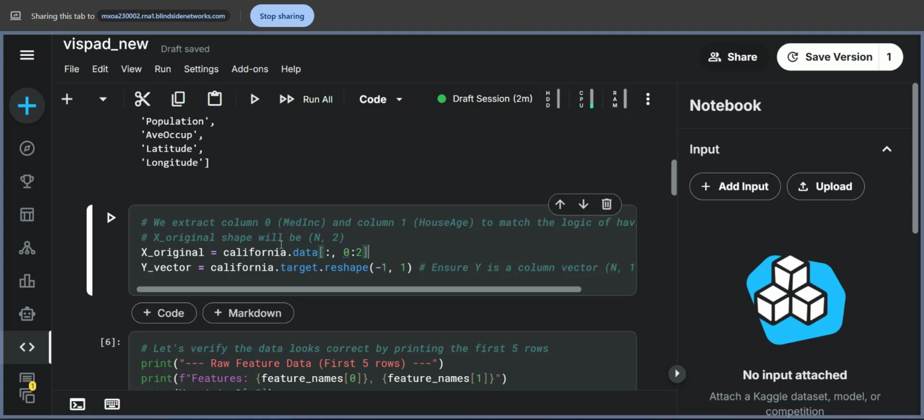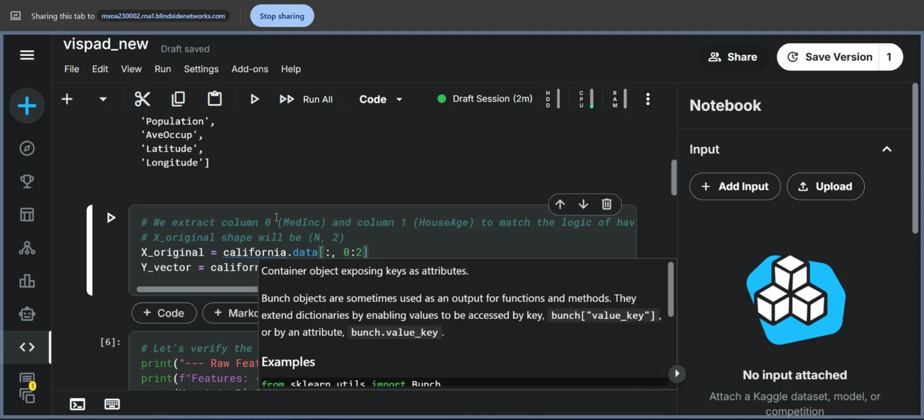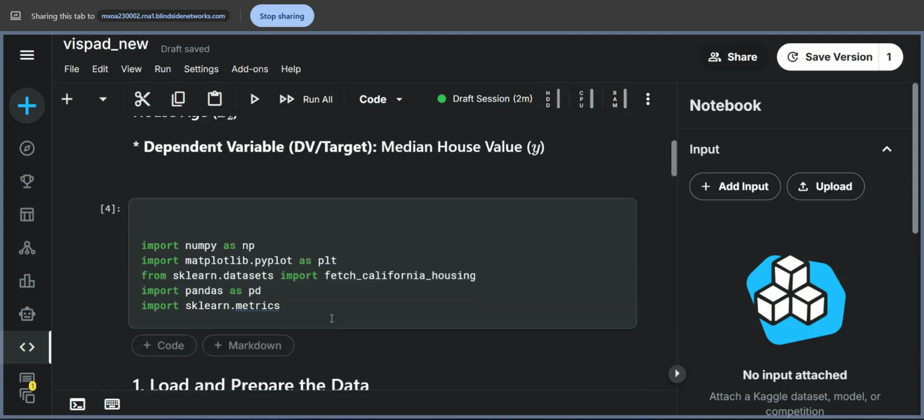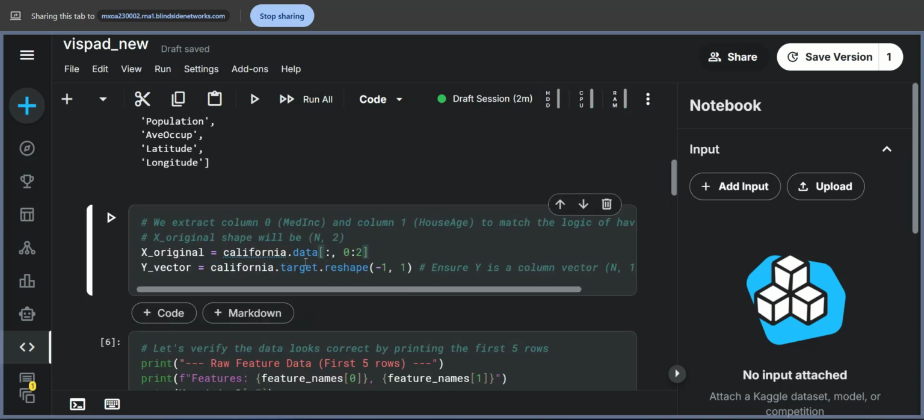Here we use the method called data from the fetch California housing module. This gives access to all the data sets, so you use California.data to get access to all the over 200,000 entries and the eight features.